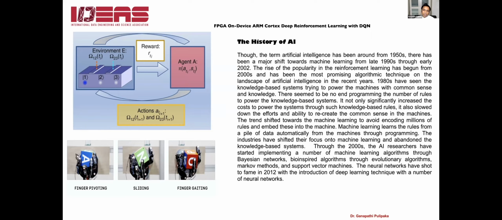So coming to reinforcement learning, it is not something that is a new term. It has been around since the 1950s, and there has been a major shift towards machine learning from the 90s. A lot of times back in the 80s, people wrote a lot of programs with millions of hard-coded rules, and they could only compute so many permutations and combinations, and they created all the rules to be able to produce the outcomes.